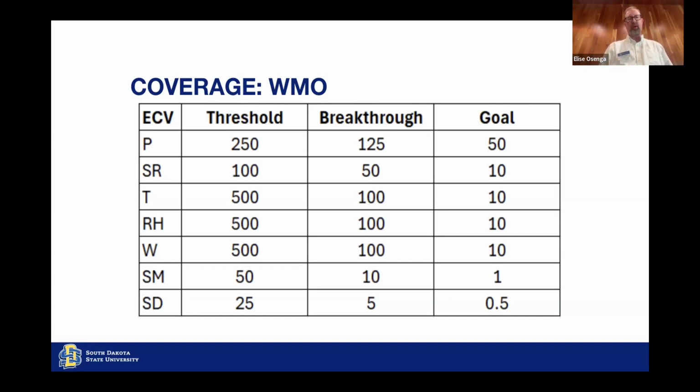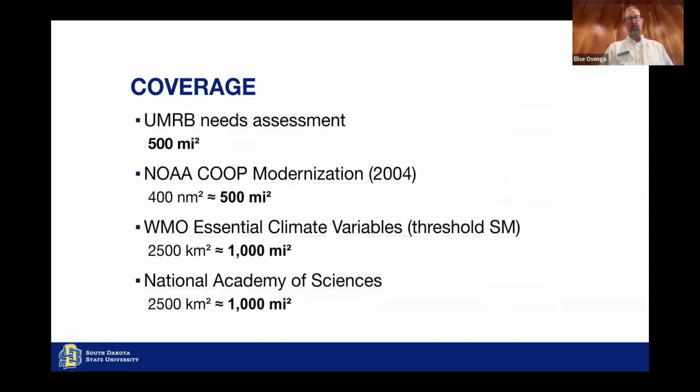What I'm going to roll with here is the threshold for soil moisture, which is 50 kilometers or 2,500 square kilometers. And then just to compare the essential climate variables of WMO to what else is out there. The UMRB needs assessment came in at 500 square miles.